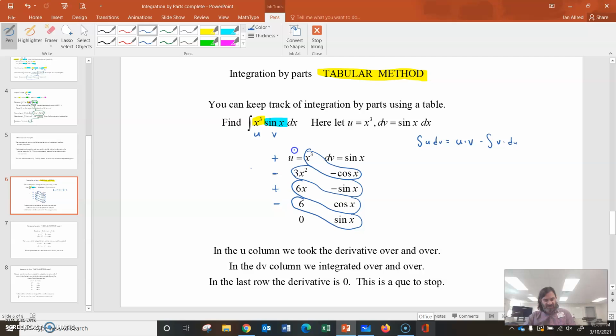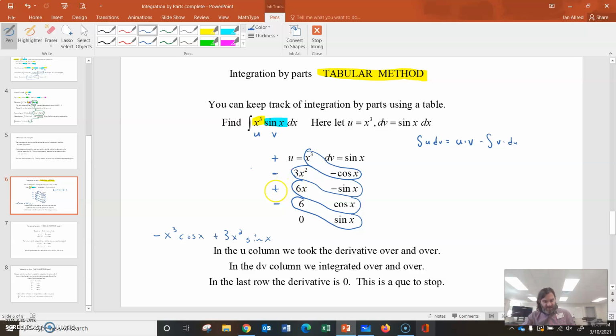So the integral of this thing we have up here will be x cubed times negative cosine. So that will be negative x cubed cosine of x. The next one will be negative from outside, 3x squared times negative sine x inside. So that would be a positive 3x squared sine of x.